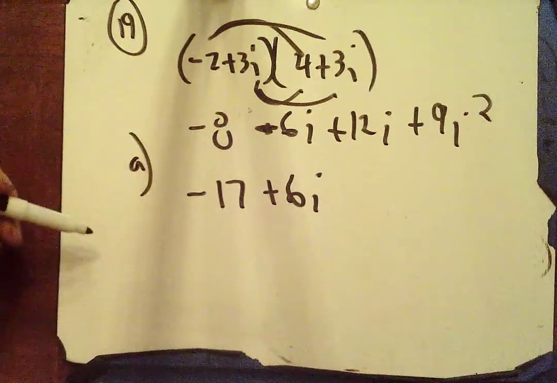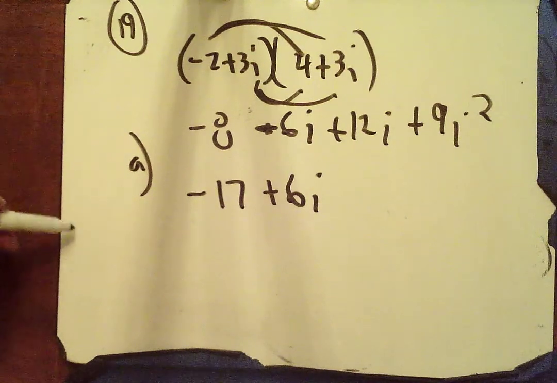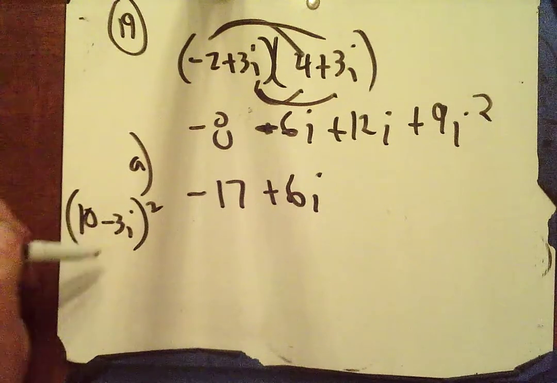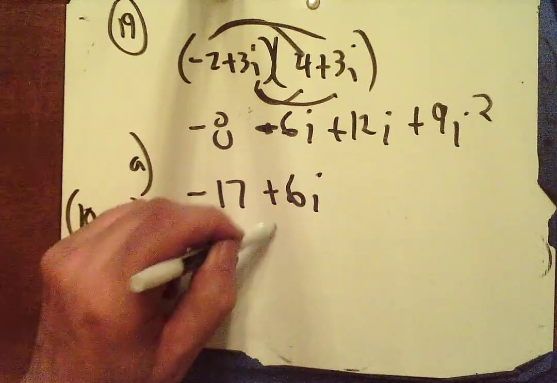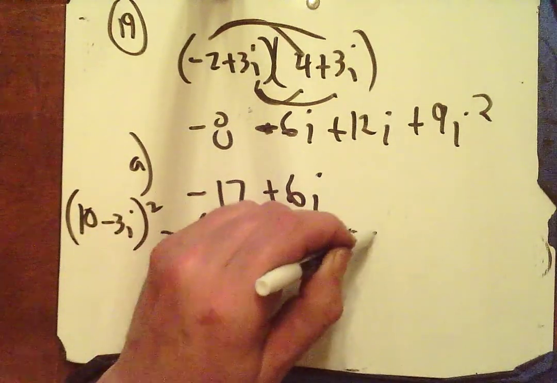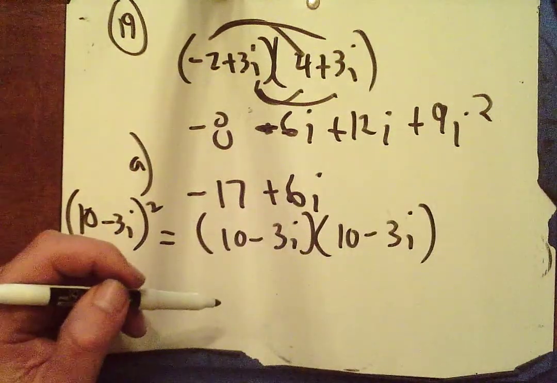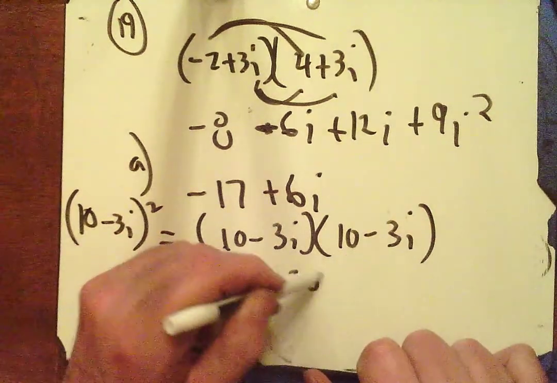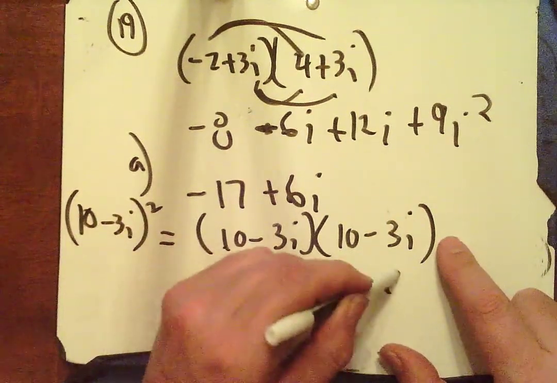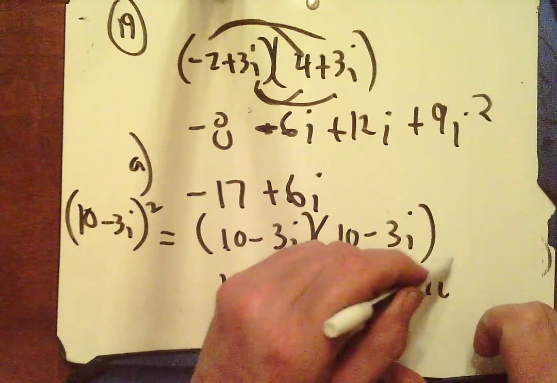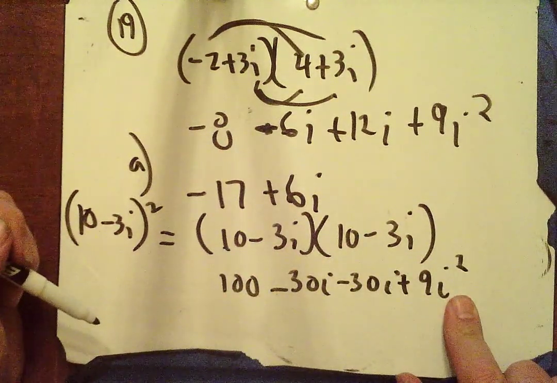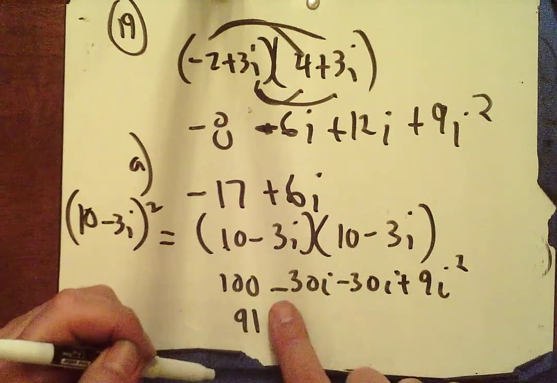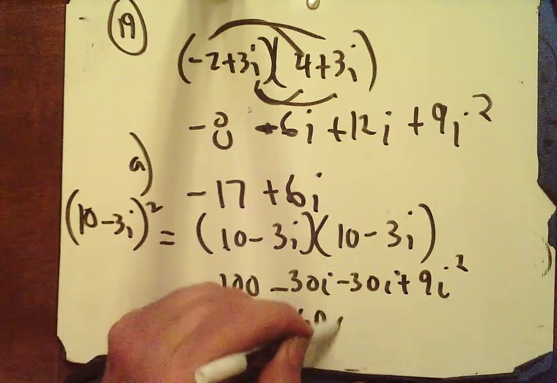So there's part A. Part B, we have 10 minus 3i squared. We're not simply going to apply the squaring. We're going to write this as 10 minus 3i times 10 minus 3i, so that we get all the terms. 10 times 10 is 100, minus 30i, minus 30i, plus 9i squared. i squared is negative 1, times 9 is negative 9, plus 100 is 91, but here we also have minus 60i.